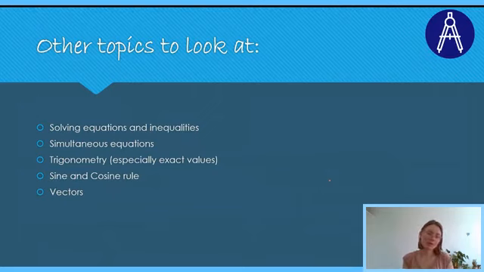Trigonometry, especially exact values, something that is terribly neglected at GCSEs, I feel. So exact values for sine, cos, and tan of 0, 30, 45, 60, and 90, extremely helpful at A level. And part of trigonometry, of course, sine and cosine rules, which are now taught at GCSEs.